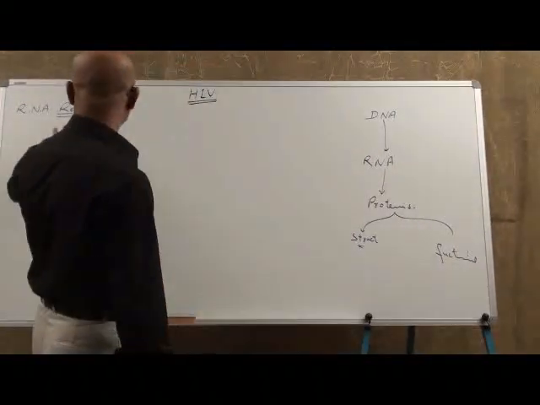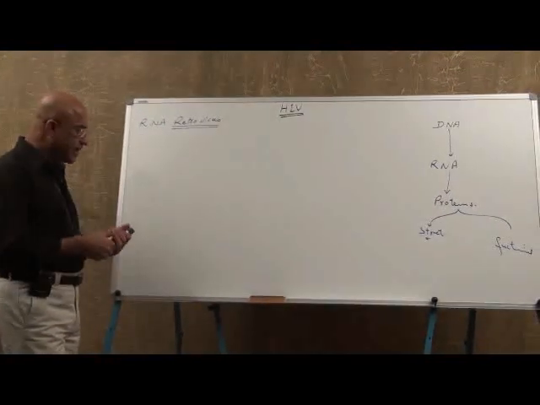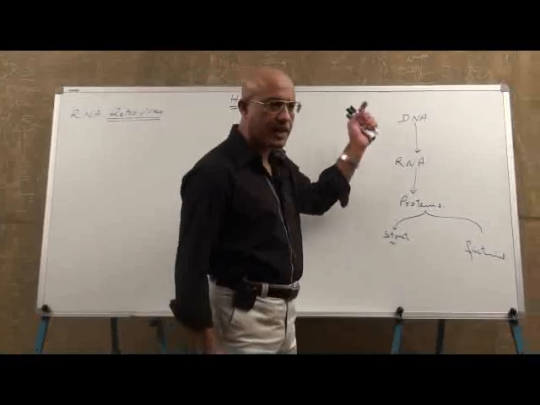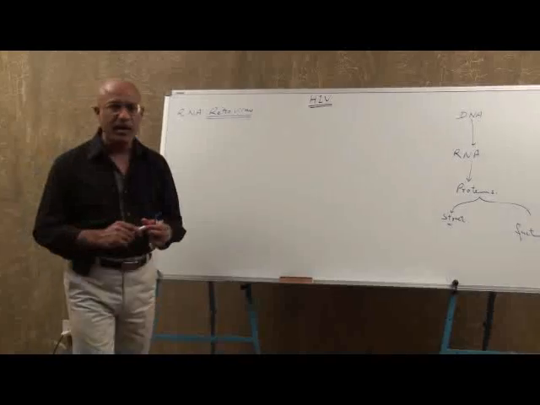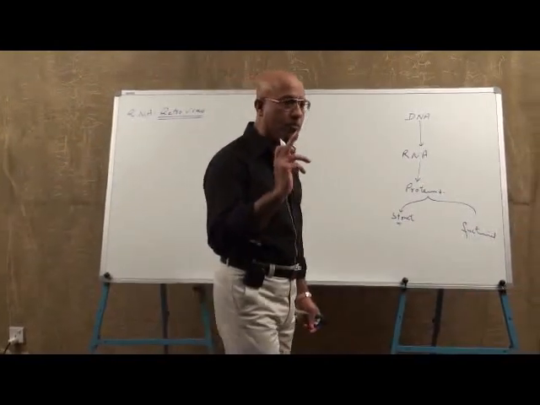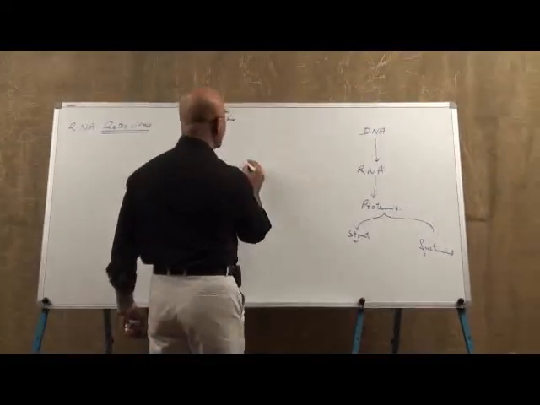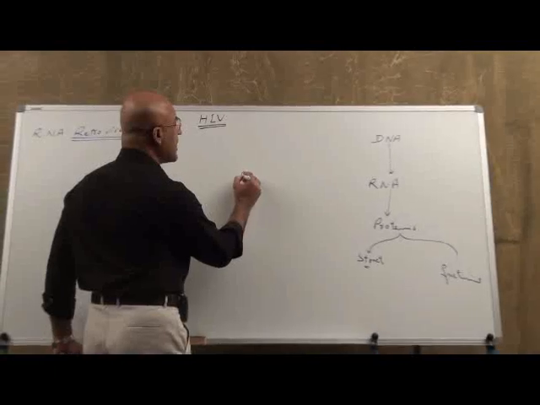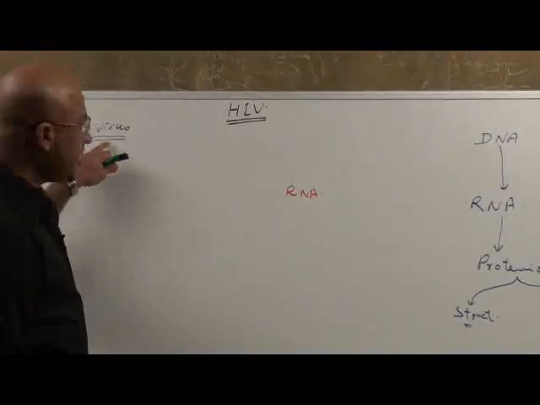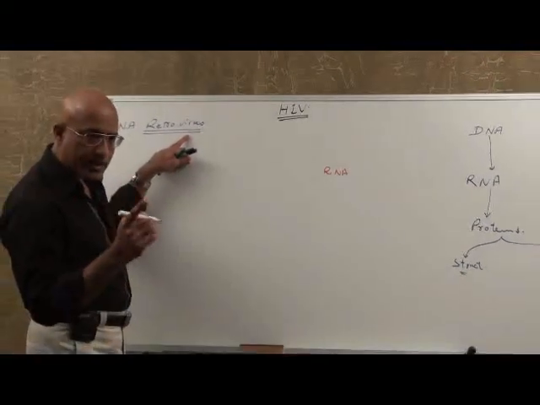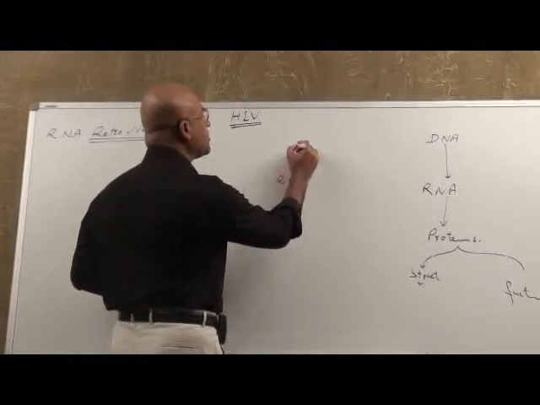But this virus is different. The genetic information of the HIV virus does not reside in DNA. When the virus enters a cell, it brings its genetic information in the form of RNA, right? So this virus has information as RNA, and once it enters our cells, this RNA is reverse transcribed into DNA.